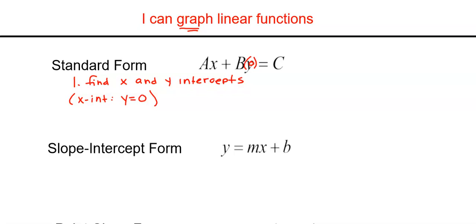Do the same thing for y. Your y-intercept happens when x is equal to 0. So you can substitute 0 in for x, solve for y, and that will tell you where that y-intercept is located. Okay, at that point, super simple. You are just going to plot those 2 points and connect those 2 points.